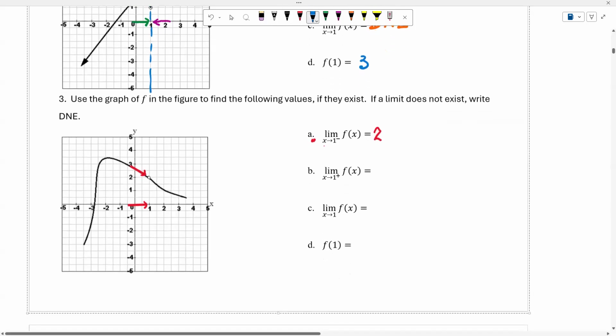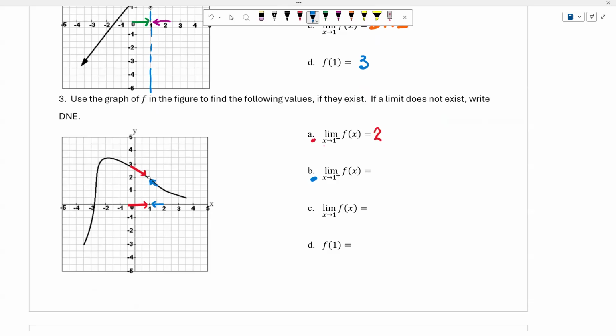And as x approaches 1 from the right-hand side, the output is again getting closer and closer to 2. Now, the limit exists, because these two numbers are the same. So my answer will be 2. However, in this case, what is f of 1? f of 1 is undefined.